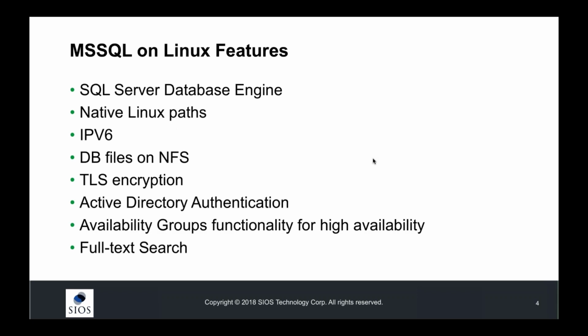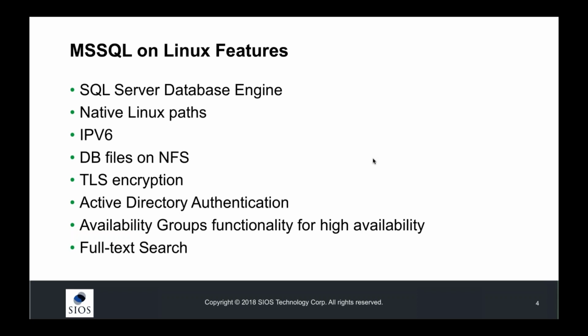Some of the high-level features that the Linux platform has enabled for MSSQL: of course, the core database engine is supported. There are native Linux paths, because as you can imagine, all of the Linux paths to data stores, whether it's NFS or SCSI, etc., have to be transposed and understood by all the SQL components.